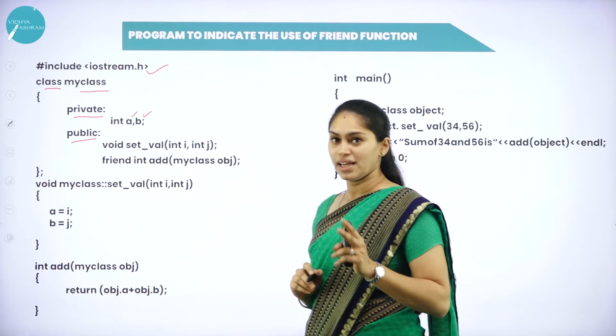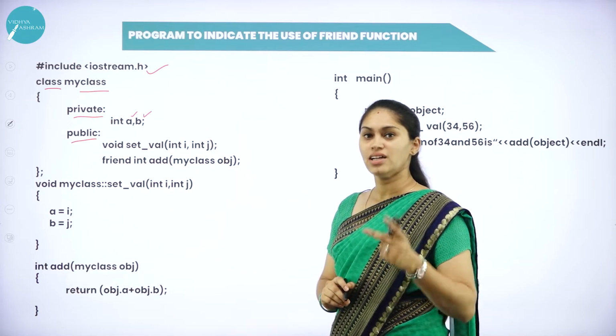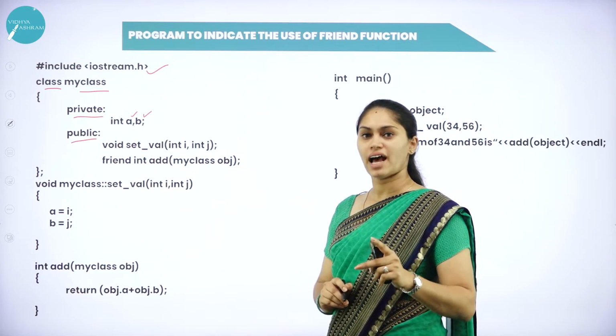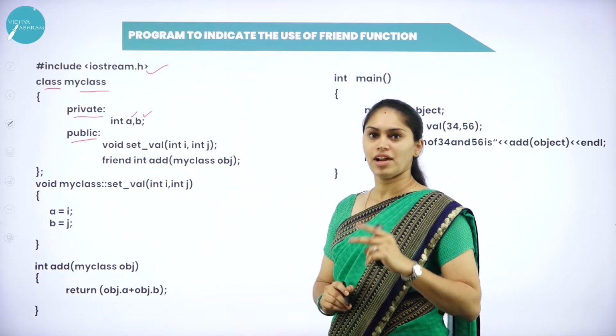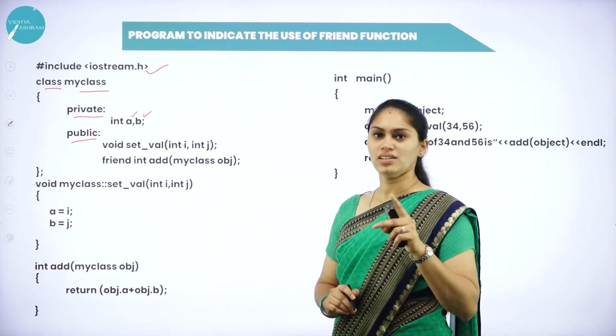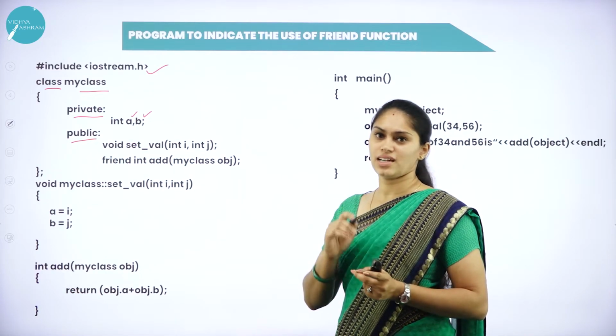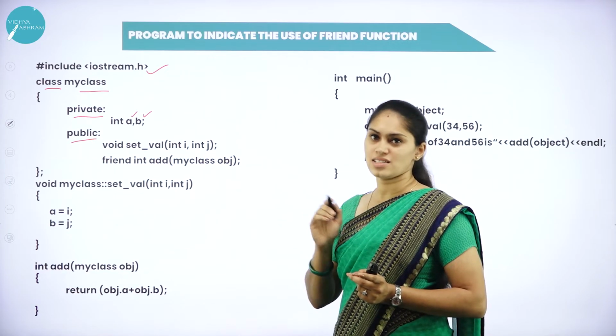What is the next line that I have? That is public. I am giving the member function in public. Anyway, you know that a friend function can be declared in either the private or public scope. So in this example, I am declaring this friend function in public mode, and it must be declared inside the class, but the definition must be outside the class definition.